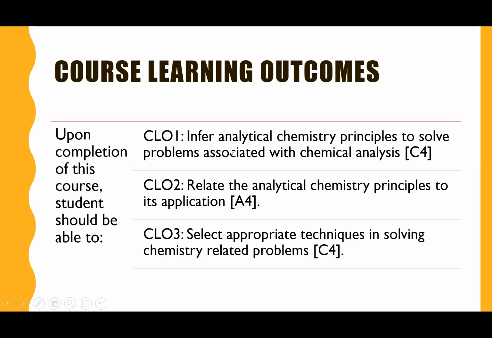Meaning to say that you can infer analytical chemistry principles and use them to solve chemical analysis problems. And then number two, at the end of this course, you should be able to relate the analytical chemistry principles to its application.